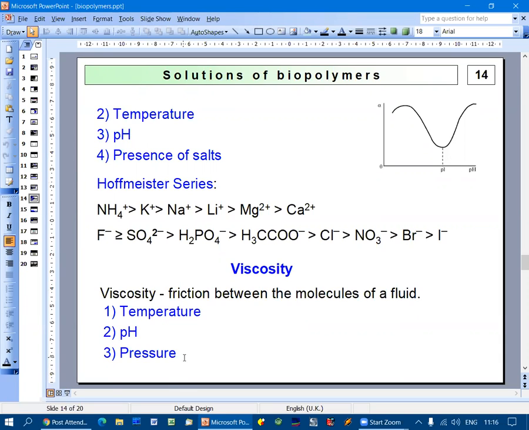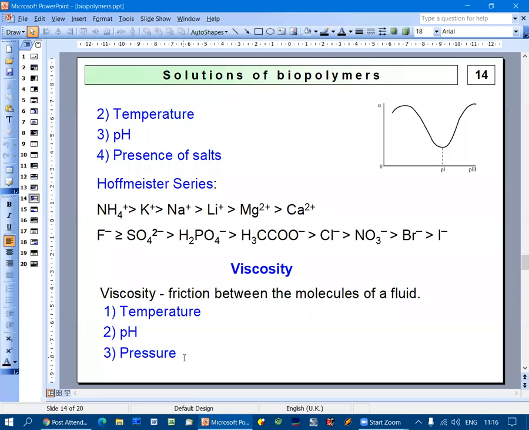Pressure will affect the viscosity of high molecular weight compounds. You cannot observe such a property for solutions of lower molecular weight compounds, because for such solutions viscosity doesn't depend on pressure. But for high molecular weight compounds, yes, it depends.